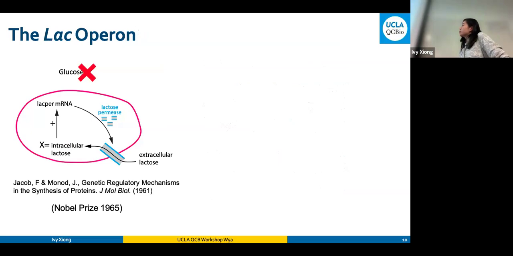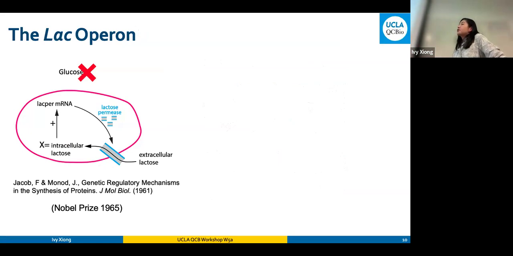And then another example, later in the 60s, was the lac operon, where we start to understand how this regulation actually works. The lac operon encodes for one of these enzymes, which lets the lactose into the E. coli cell membrane.